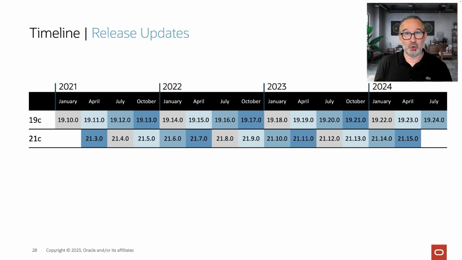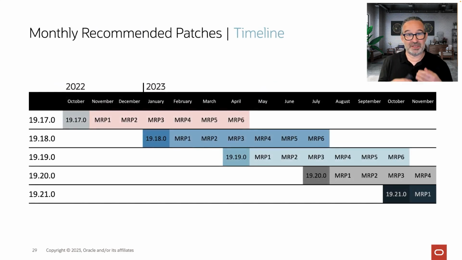So I told you, we tell you, take the most recent release update or N-1. So for instance, 19.19 or 19.18. And now when we look closer, we started this with 19.17. For a period of 6 months, every month, we release a small amount of fixes on top of a specific release update.